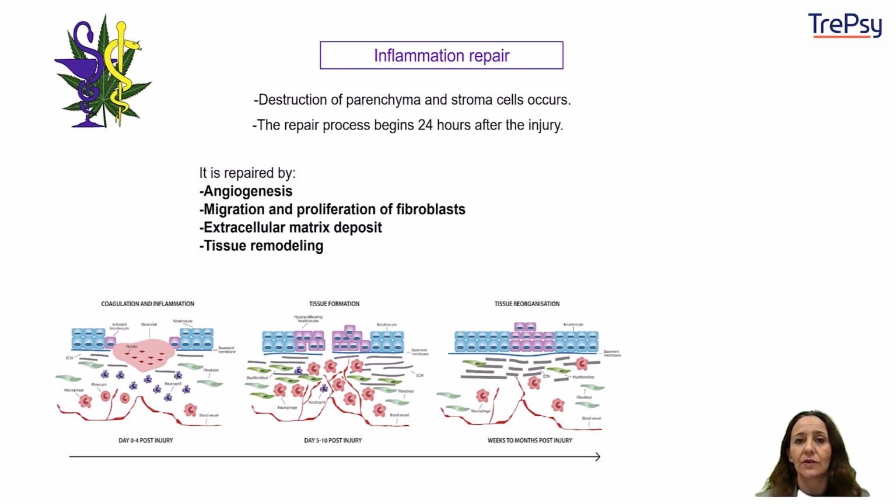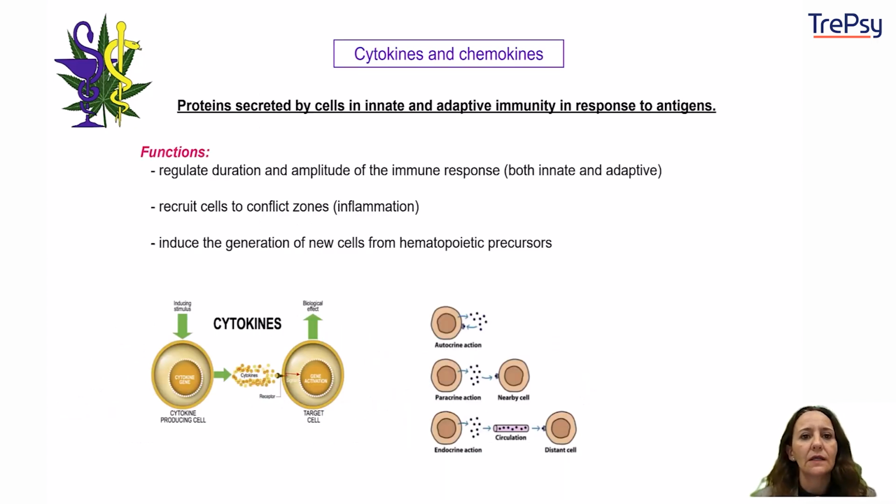The tissue is going to reorganize, and everything will be well established if it is resolved successfully. But there can be different problems that don't allow the tissue to recover, and this is the fibrosis situation as we were talking about previously.